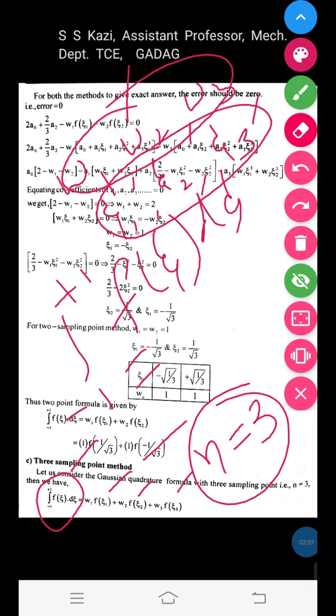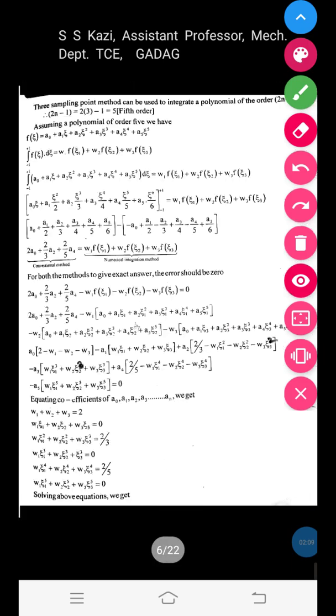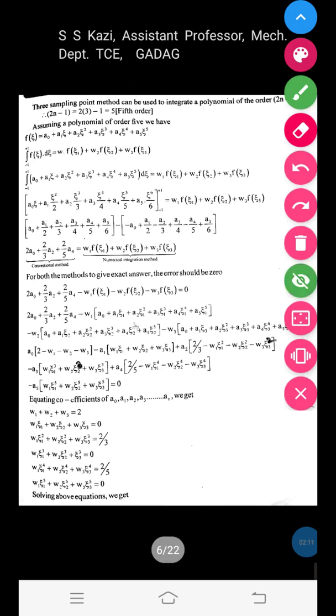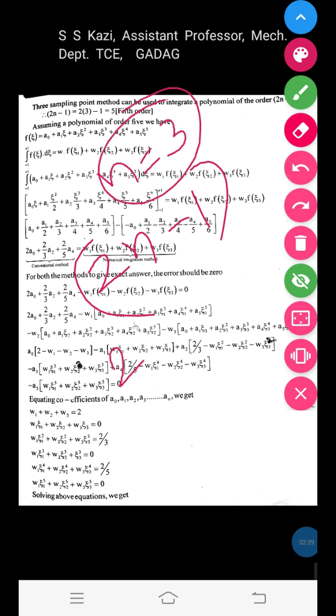Here the 3 sampling point method can be used to integrate a polynomial of order 2n minus 1. Here n is equal to 3 sampling points, then 2 into 3 minus 1 will give you 5, that is 5th order.